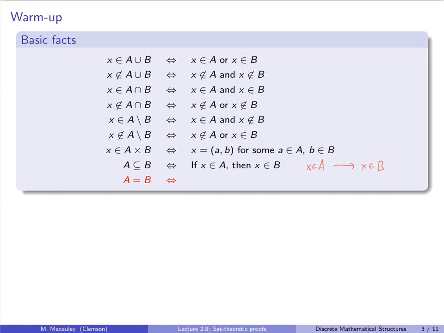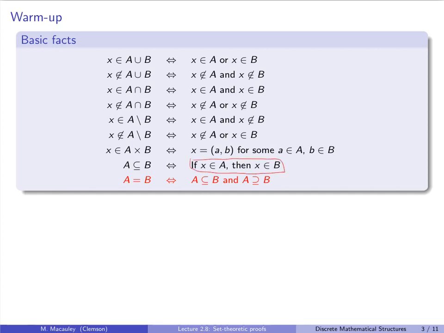And finally, here's the one that I want to focus on: if A and B are equal to each other, that means that A is contained in B and B is contained in A. So if A is contained in B, that is this statement here.